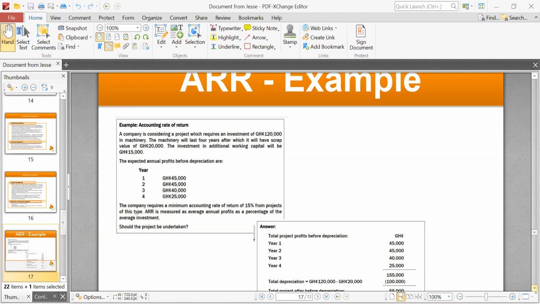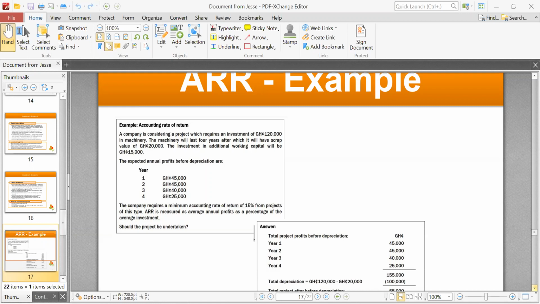You need to know the profits before depreciation. Year 1 will be 45,000, year 2, 45,000, year 3, 40,000, year 4, 25,000.